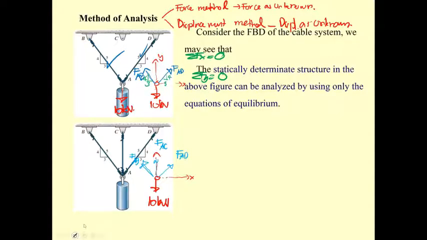Now, you know the directions, but you have only two equations and 3 unknowns, so we cannot solve.